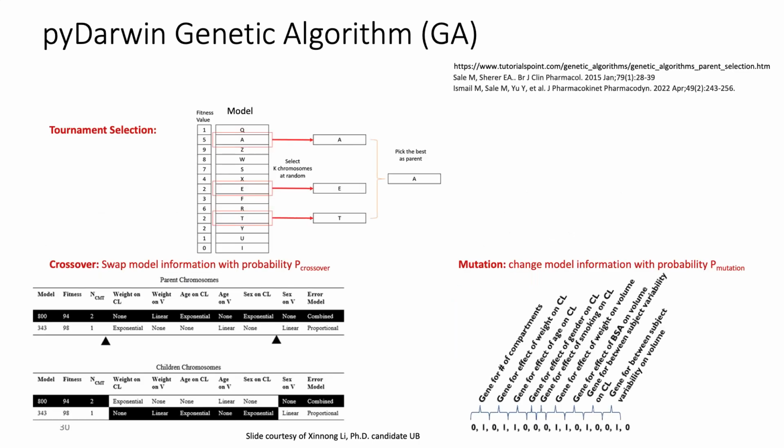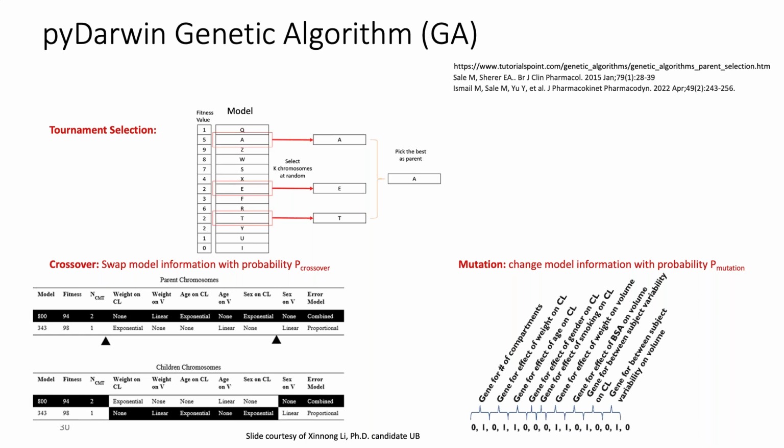Okay, so here we have an illustration of the implementation of tournament selection and the crossover. Again, in the bottom right, we see our genome representation of the model and the model features. We undertake a tournament selection. A model is selected at random, and then a competitor model is selected. Depending on which model is more fit, that one is added to the parent pool.